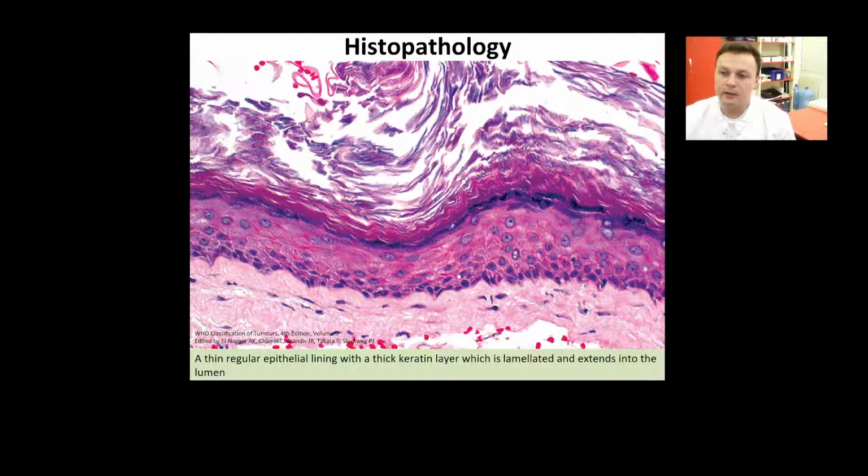Unlike in odontogenic keratocysts, the keratin surface is not corrugated, and is thick and lamellated. The basal cells are flat or cuboidal, but do not show palisading or hyperchromatic nuclei. Treatment is enucleation. Recurrence is rare and has been reported in less than 2% of cases.